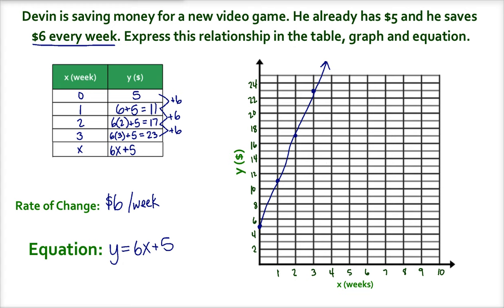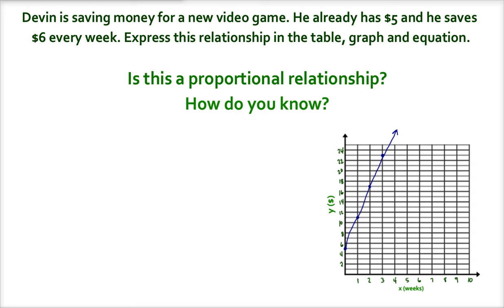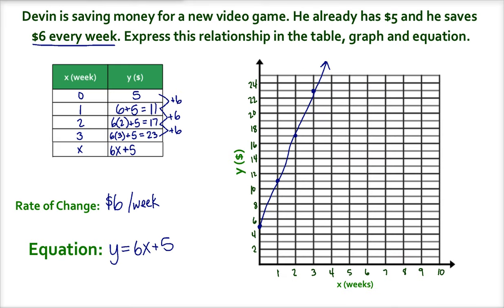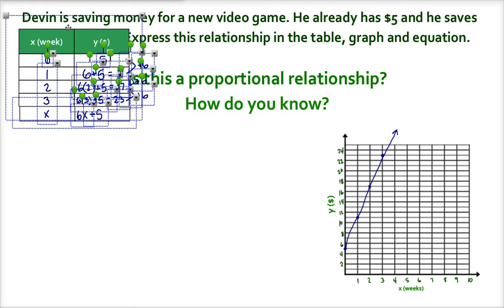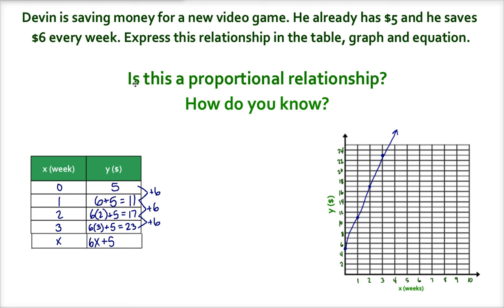Now hang in there with me one more page. This question asks, for this situation, is this a proportional relationship, and how do you know? Well, remember that a proportional relationship means that the ratio y to x is the same for any line.